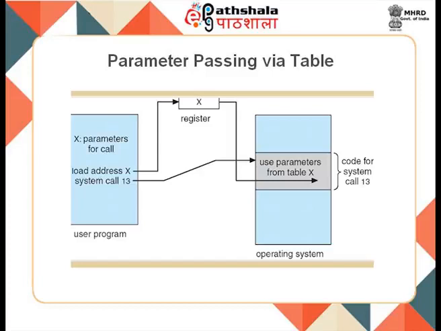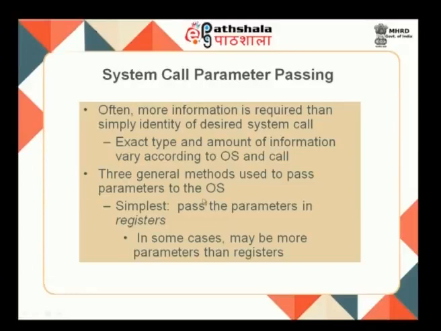How is it sent from the user space to the kernel? There are different ways in which the parameters can be passed to the kernel. One is to use registers, that is, the parameters are put into registers and the kernel can access those registers and take the values from the registers.